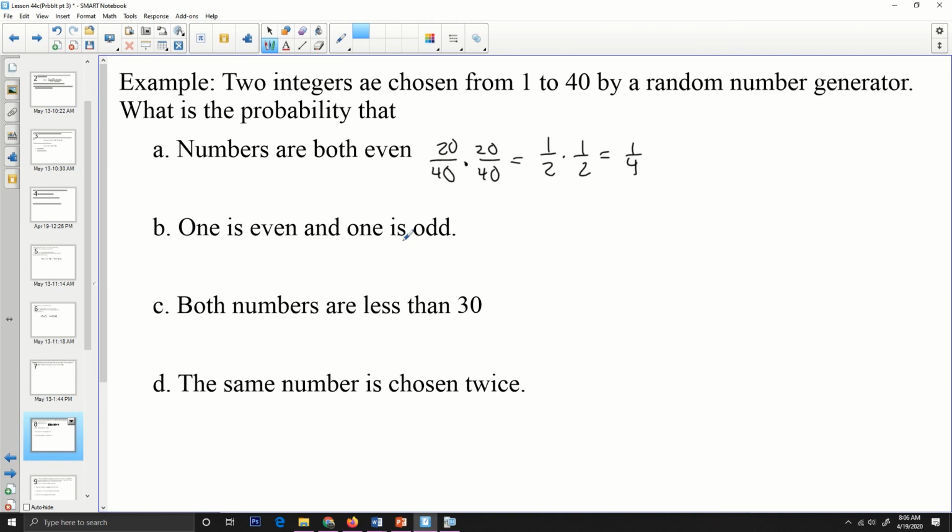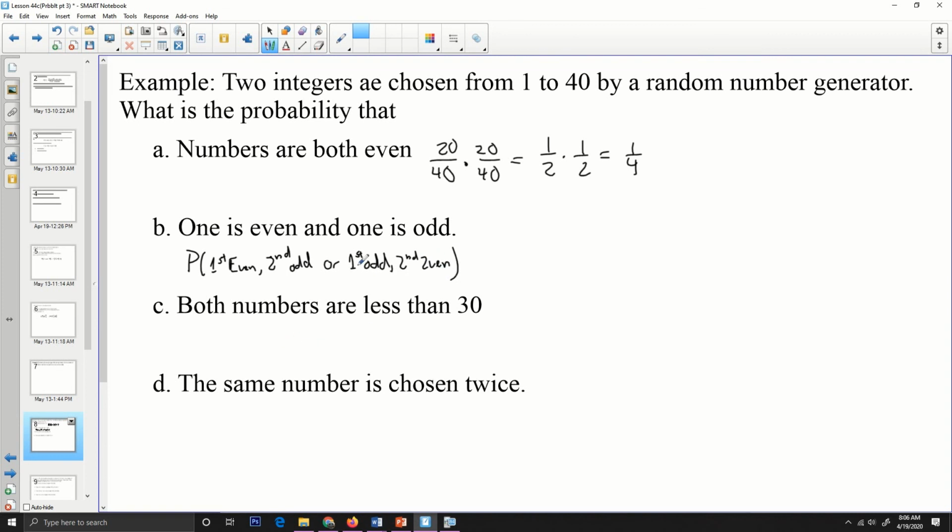For one is even, one is odd, you could have the probability that you have the first even, second odd, or you could have the first odd, second even.